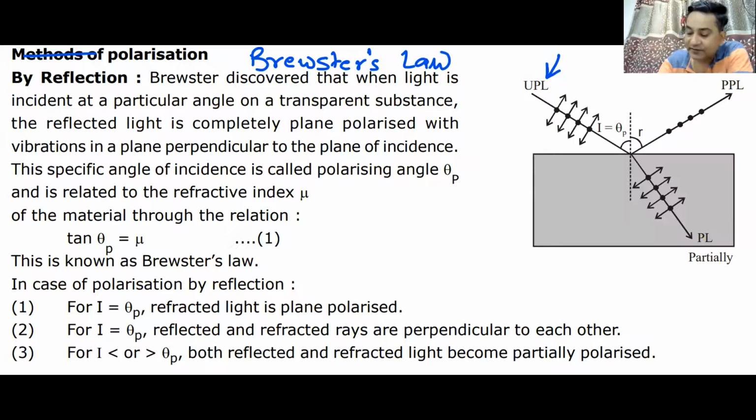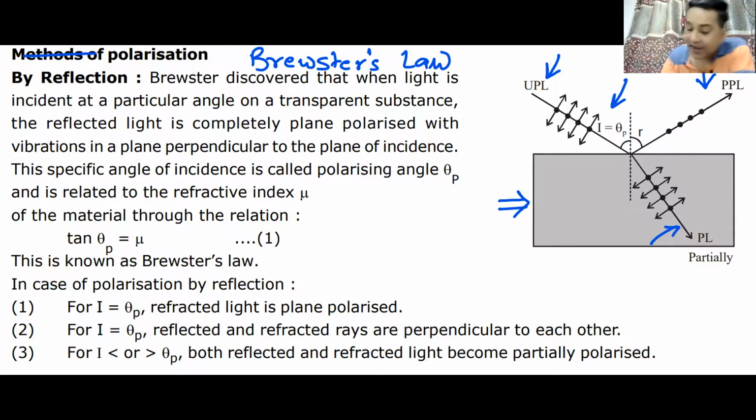So this unpolarized light is falling on the boundary between two mediums. Some part will be reflected and the other part will be refracted. Do we understand this? Yes, sir. If you change the angle of incidence, the angle of reflection as well as the angle of refraction will change. Do we understand this?